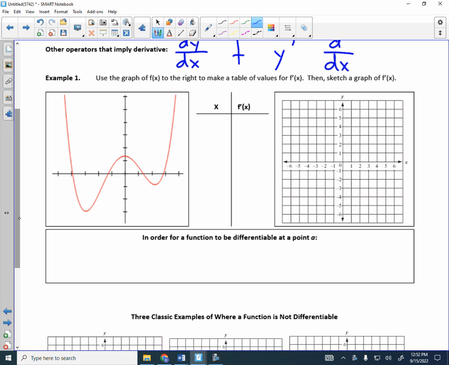And what I'd like you to do is look at this graph right here and take a few seconds. See if you can identify where the derivative is 0. Talk with your partner, those around you. Take about 15 seconds.